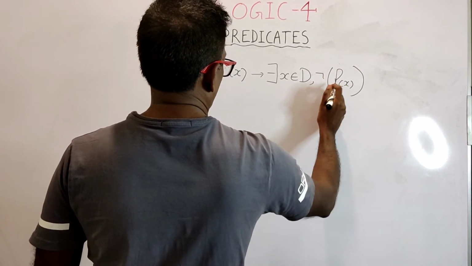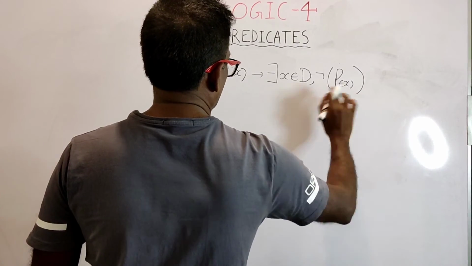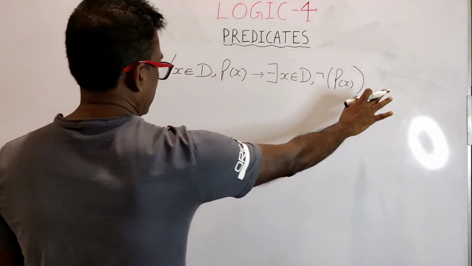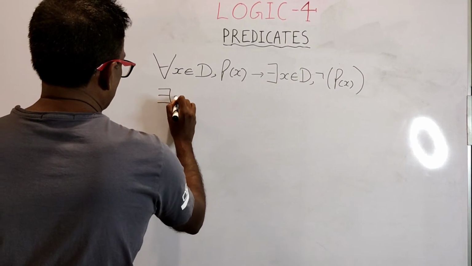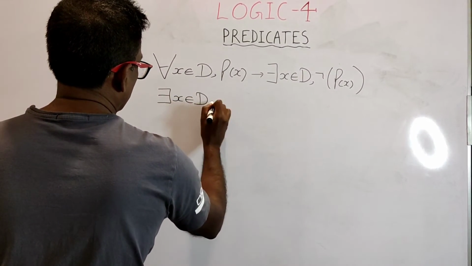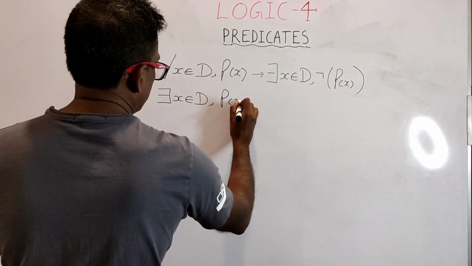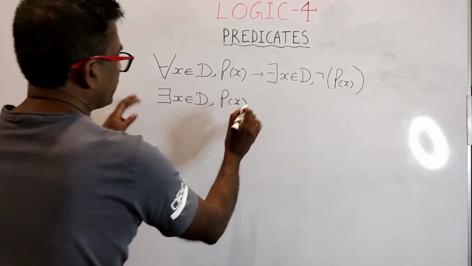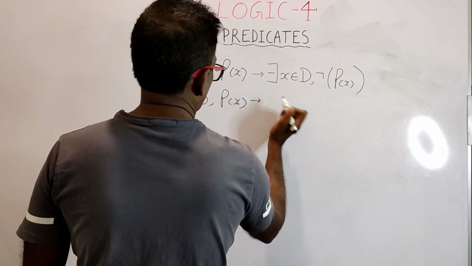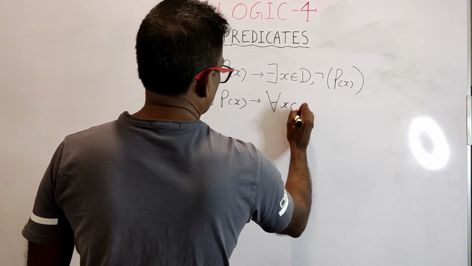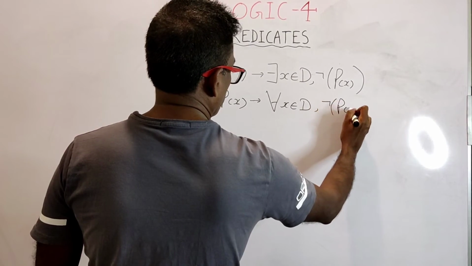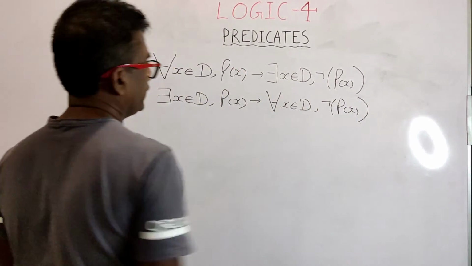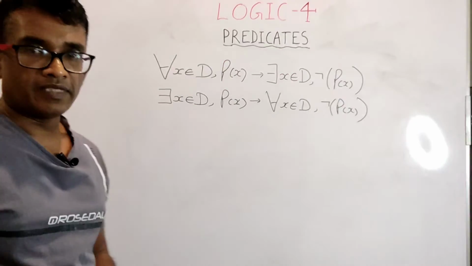The negation of this property means we are saying no to this property, so it does not have this property. On the other hand, when we say that there is an x in D which agrees with this property, to disprove this statement we have to prove that all x in D do not have this property. I hope you understand.